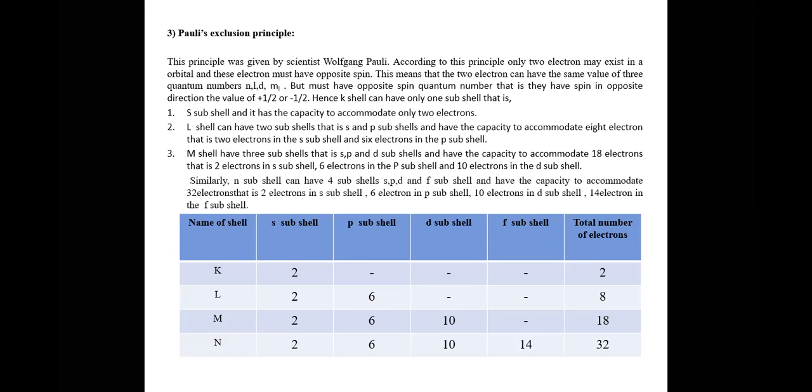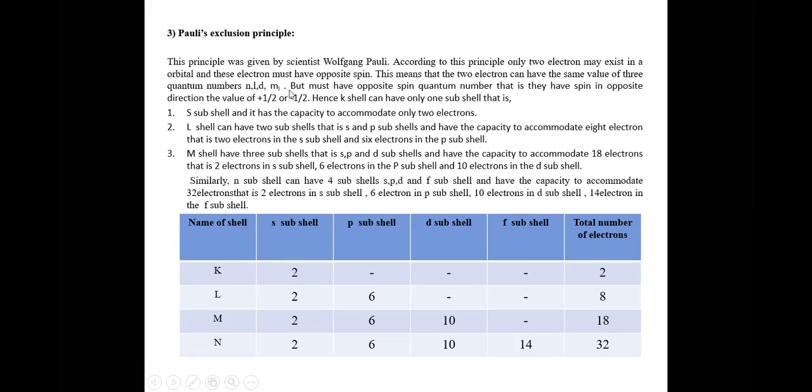We cannot fill an orbital with more than two electrons. Both the electrons present in the orbital must have opposite spin. This means that the two electrons cannot have the same values of the three quantum numbers, that is n, l, and ml.